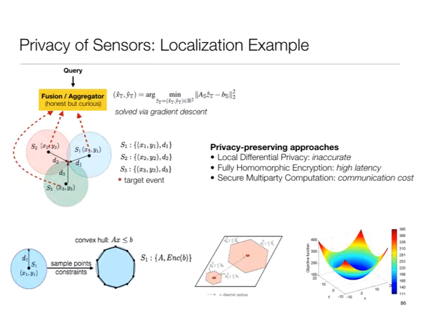So a common way to localize, let's say I have a bunch of people who are going to help localize some event. I gave that example of the Caltech earthquake system. What it does is it measures the shaking, and then helps Caltech localize the strength and location epicenter of the earthquake. There are similar other systems.